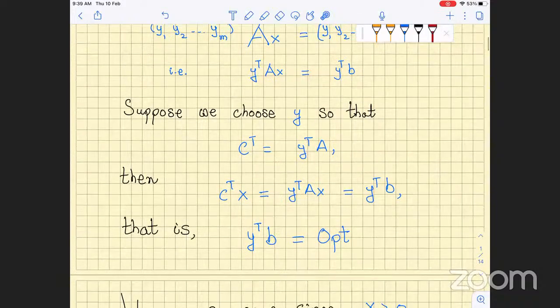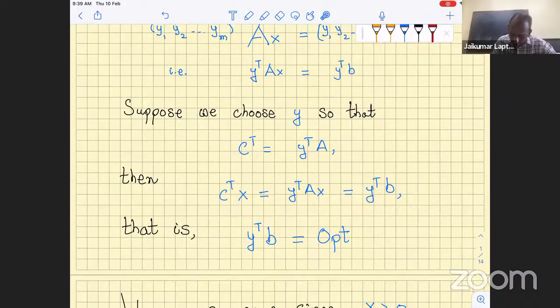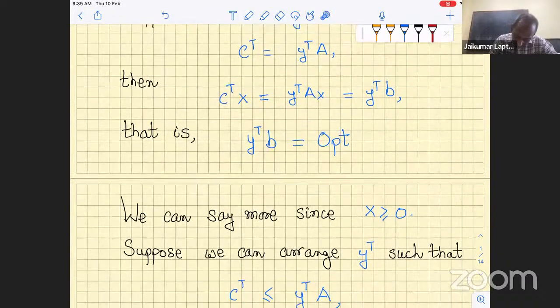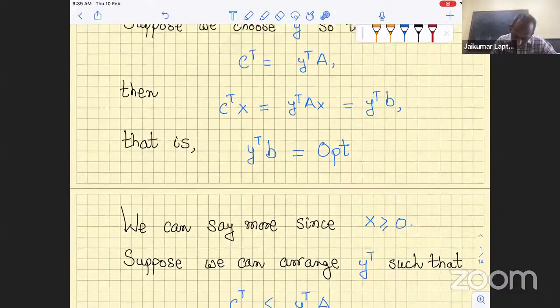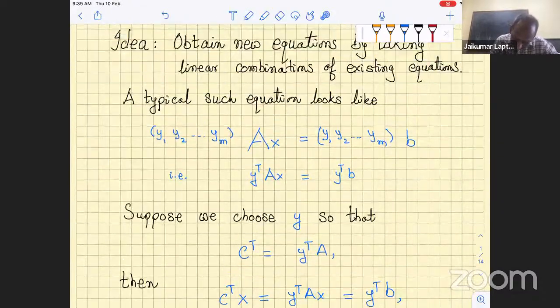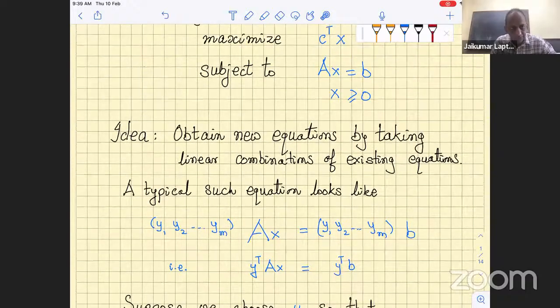I should say that if it is feasible, then this will be true. Now, here we did not make use of the fact that x is greater than or equal to 0. The optimum was forced on us by the equation.